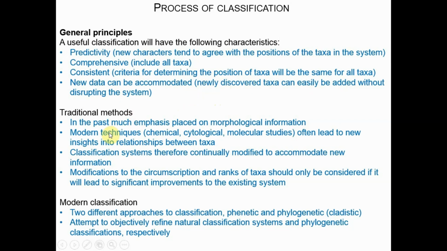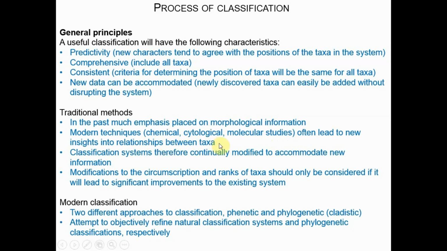Traditional methods in the past, as we've seen when we looked at the history of classification, used morphological data as the main thrust. But we have modern techniques, we went through all of these, that have been added: chemical data, cytological data or data from chromosomes, and then DNA studies, and they lead to new insights into relationships between taxa.